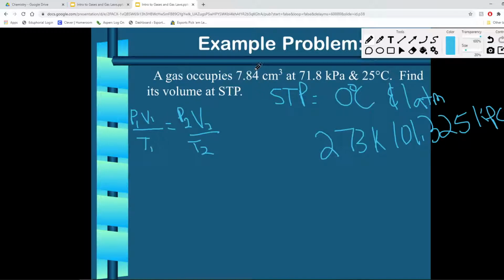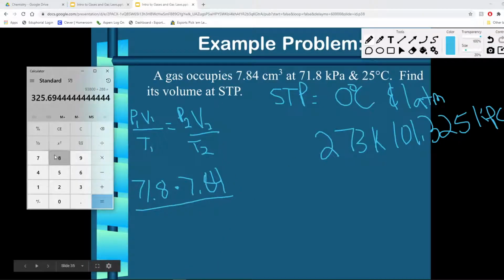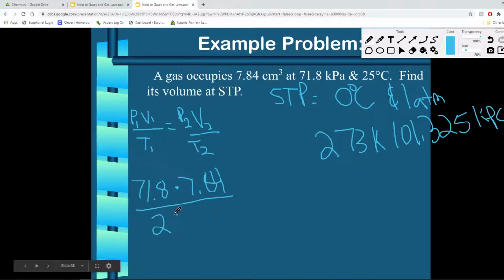It gives us our initial volume here, our V1, and our initial pressure there. So P1 is 71.8. V1 is 7.84. And our T1 is 25 degrees Celsius, which needs to be in Kelvin. So we add 273 to it to get 298.